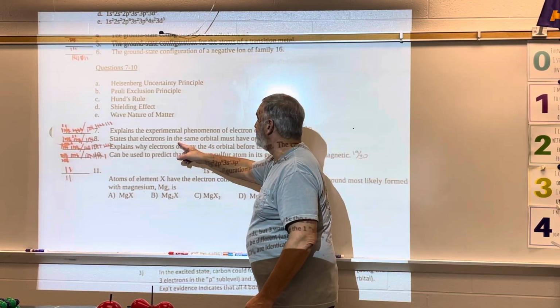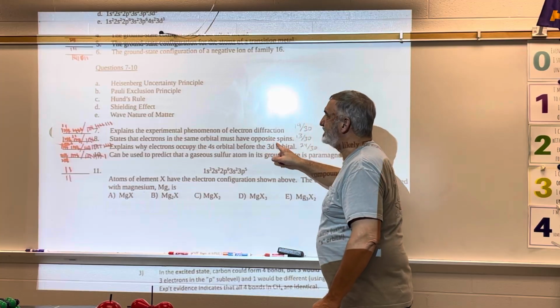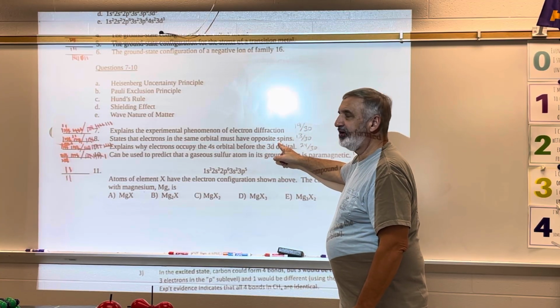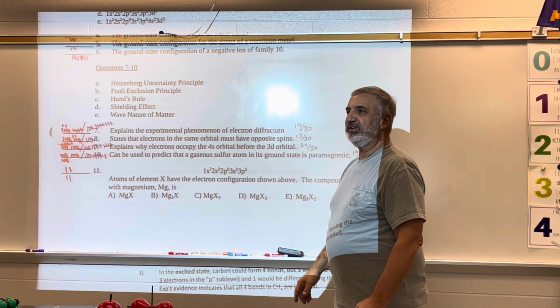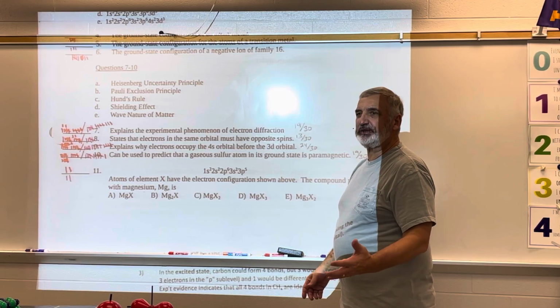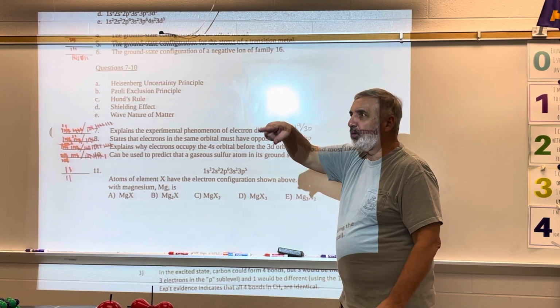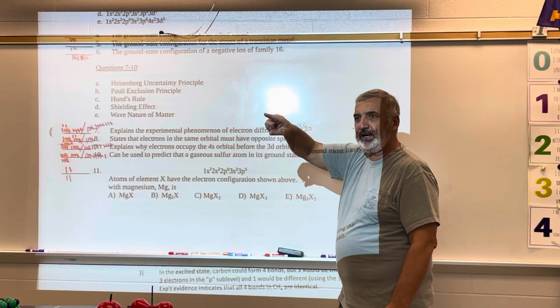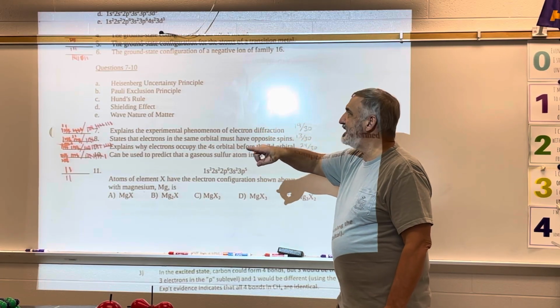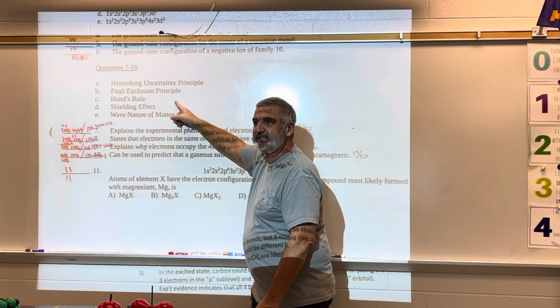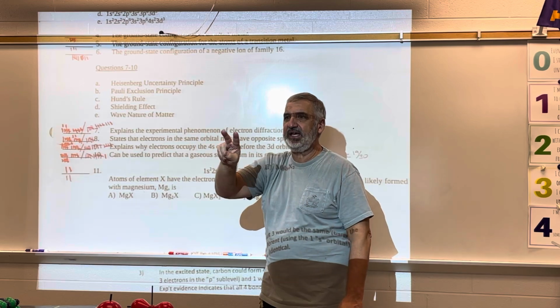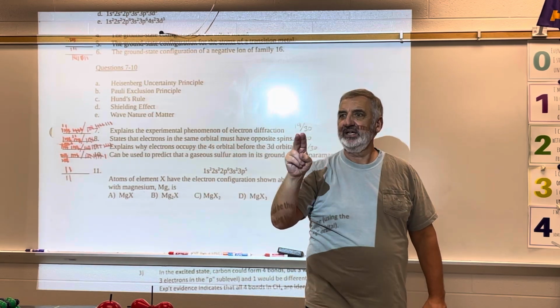States that electrons in the same orbital must have opposite spins. No, opposite spins. Hund's rule says one goes into each before they begin pairing up. That's not the same thing. The Pauli exclusion principle says that only 2 electrons can go into any given orbital and they must have opposite spins.